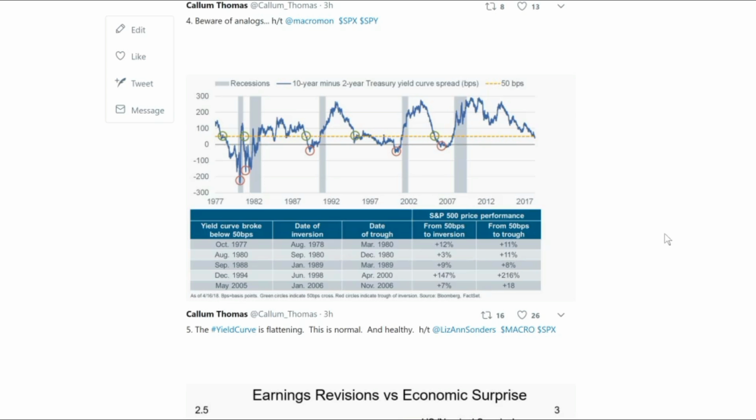And this little table that's been accompanying this chart, you can see there that from when the yield curve falls below 50 basis points to when it outright inverts, the record of stock market performance has actually been fairly decent. That 147% there is probably a bit of an outlier, but the rest of them, fairly decent performance really.